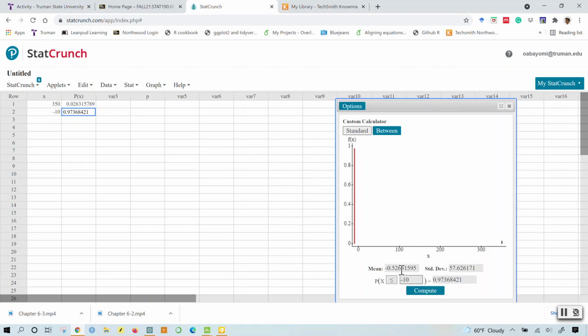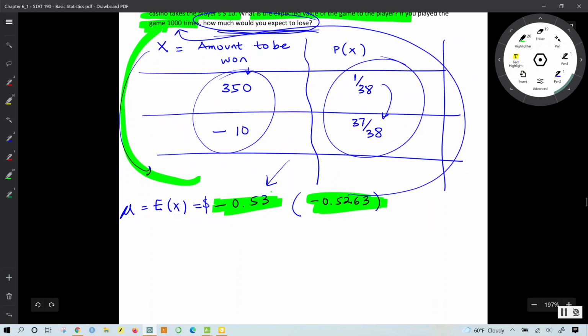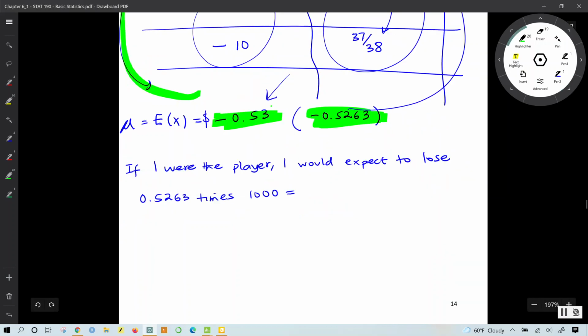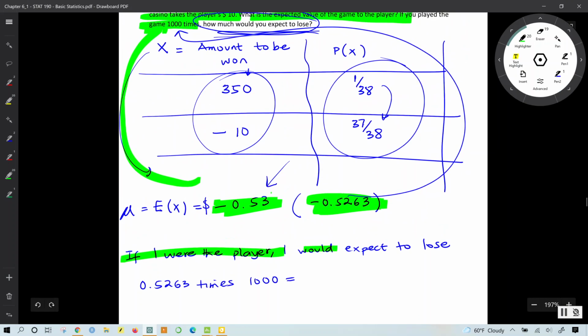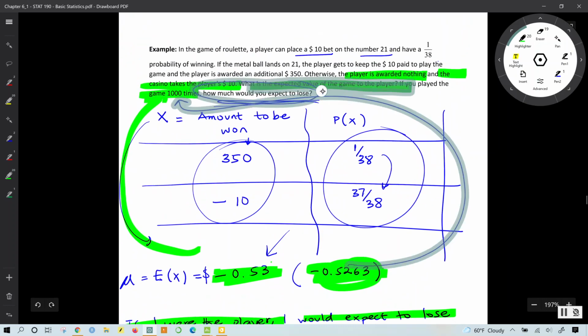This is the mean in this case. And taking that back here, we have the mean. If I multiply this value by 1000, it will tell me how much I am expected to lose. So if I were the player, I would expect to lose 0.5263 times the 1000 times I'm playing the game.